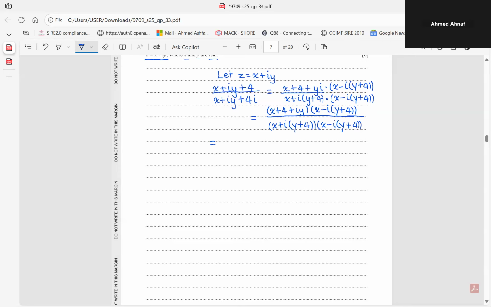Multiply x plus 4 with x, so you'll get x squared plus 4x.